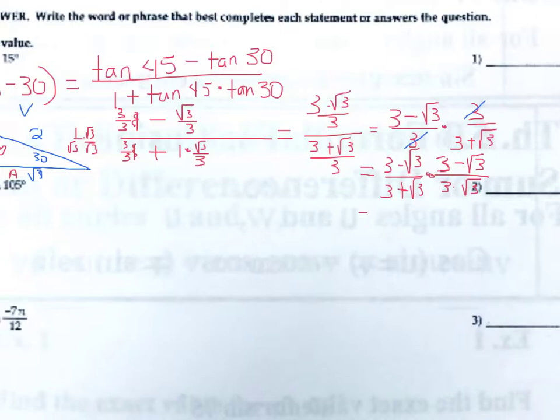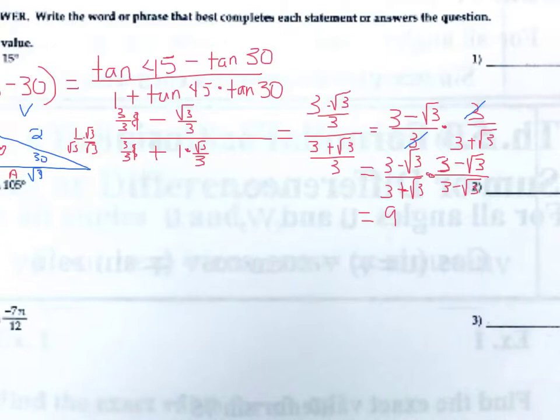And when you multiply that, you're going to multiply 3 times 3, 3 times negative square root of 3, and then negative square root of 3 times 3, negative square root of 3 times negative square root of 3. I'm just multiplying with the FOIL method. What is 3 times 3?